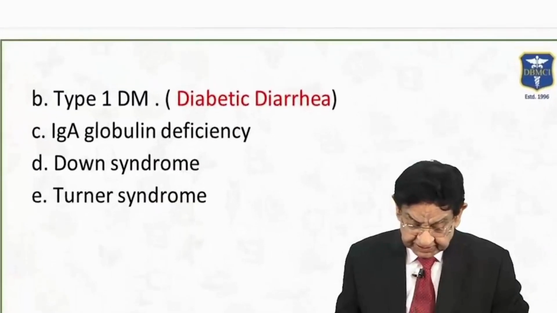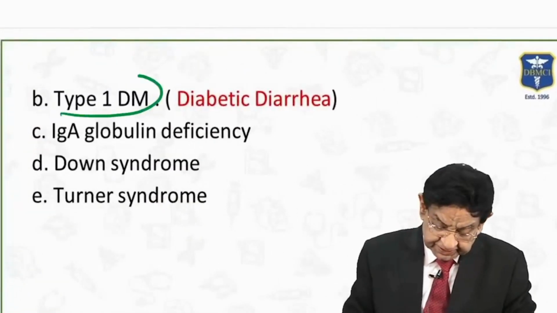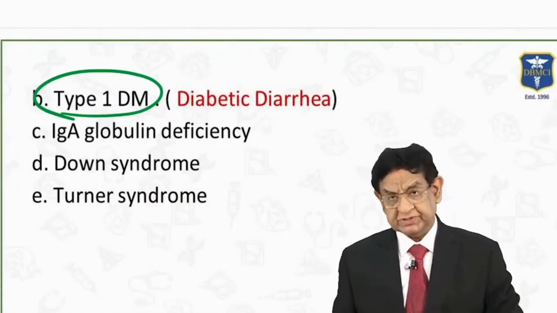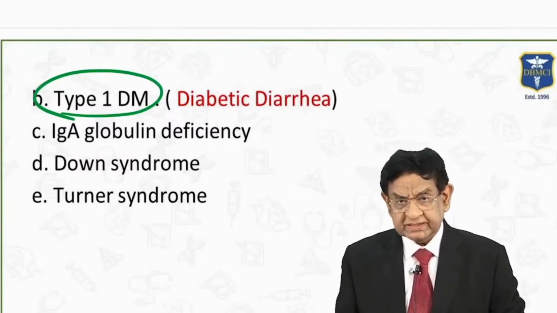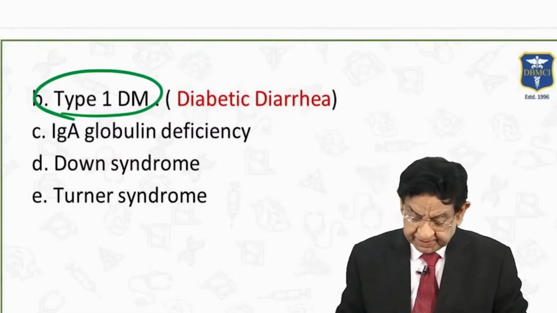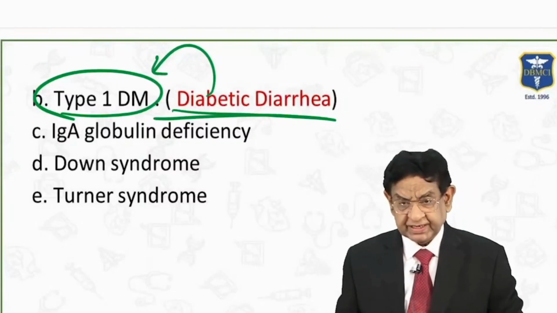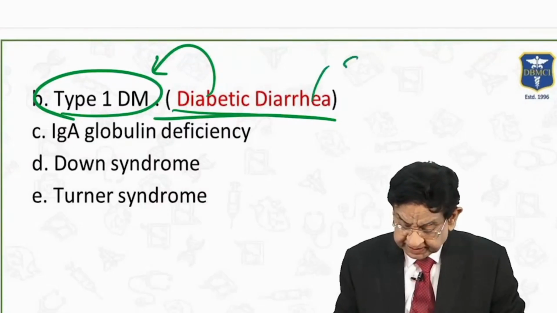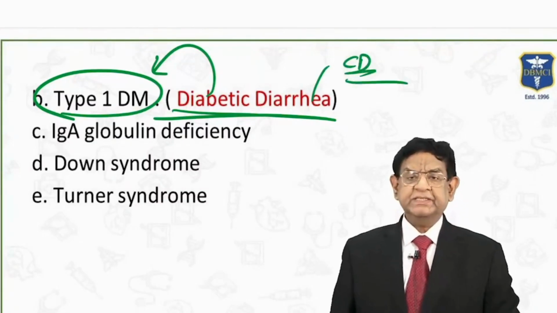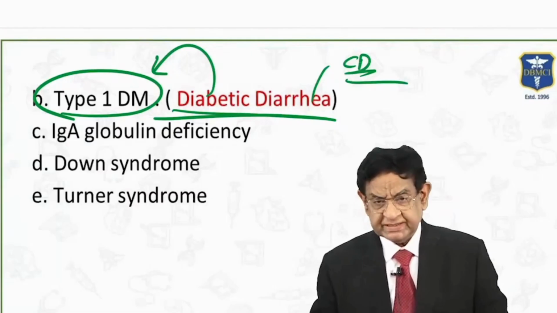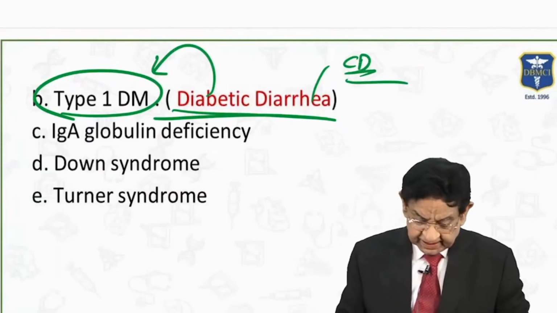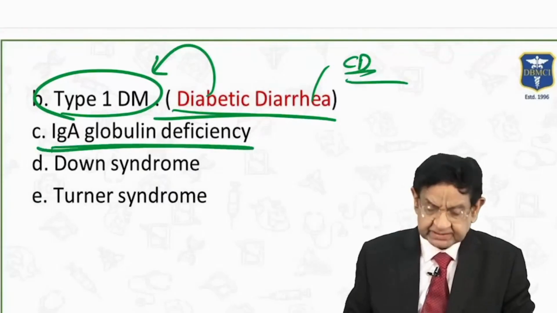The second association is type 1 diabetes, often associated. That's why the other name of celiac disease is diabetic diarrhea: diabetes due to type 1 and diarrhea due to celiac disease. Then IgA globulin deficiency.